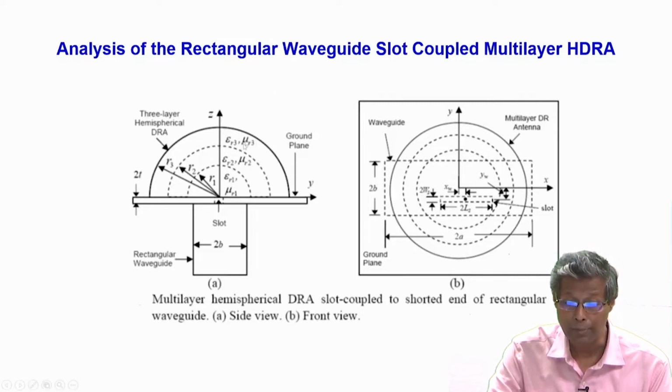So, we have to use the impedance transformer mechanism of the multi-layer DRA, as well as the multi-layer DRA enables us to get a broadband characteristic, by coupling with multiple DRA modes or the DRA mode with the slot resonance.